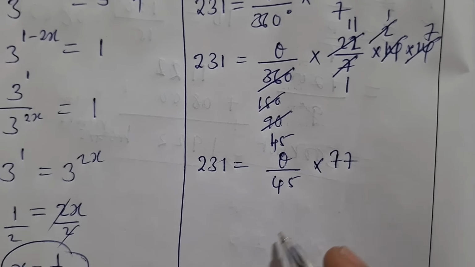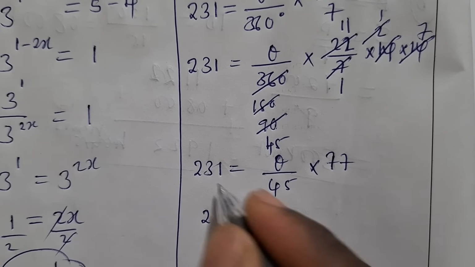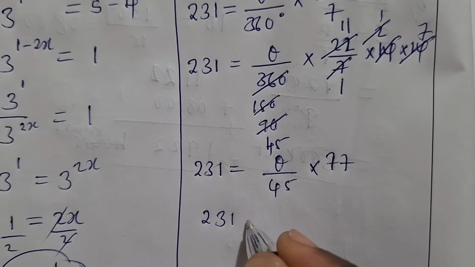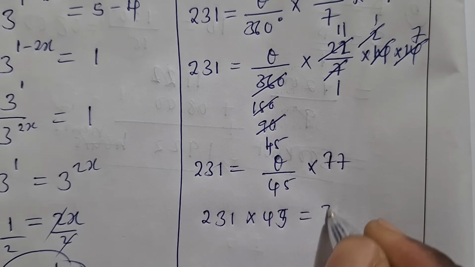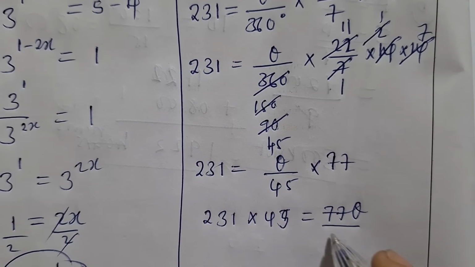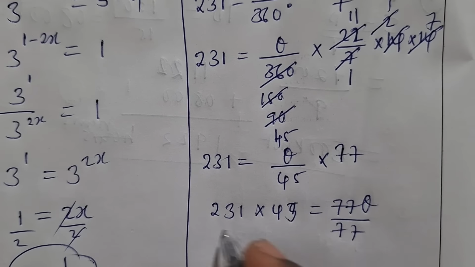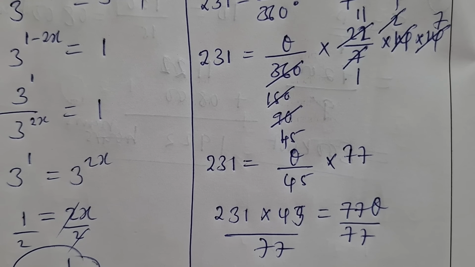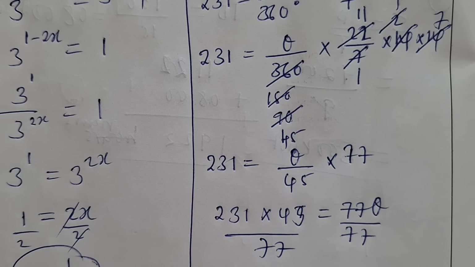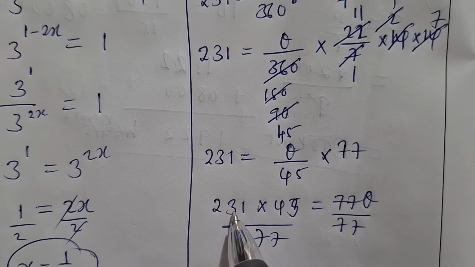Okay, so we cross multiply here. We can do this times 45 is equal to 77 theta, divided by 77 by 77. So when you divide by 77 there, what are we getting? We make this 77 go into 231.